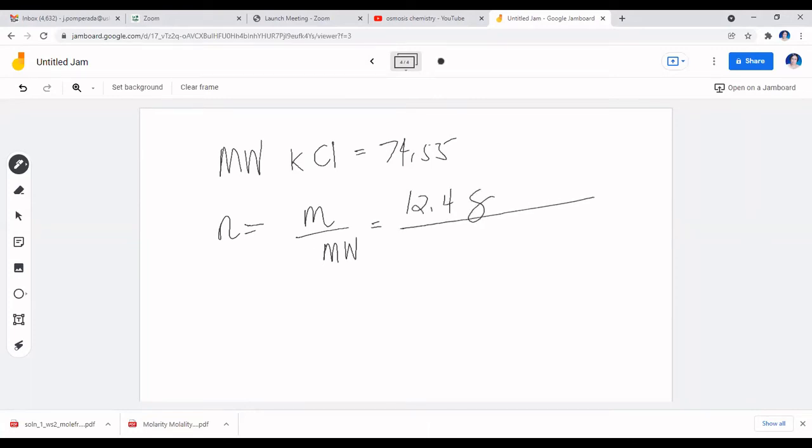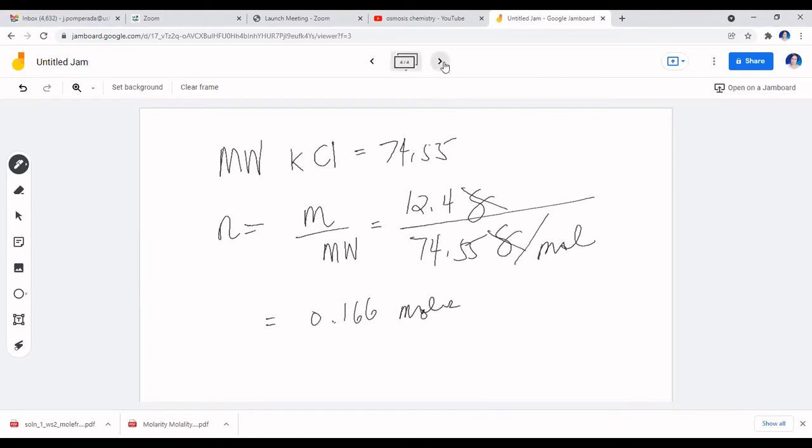We divide it by this, 74.55 grams per mole. So you cancel the gram unit and the mole unit goes up. So the answer for our number of moles is 0.166 or 0.17 moles.